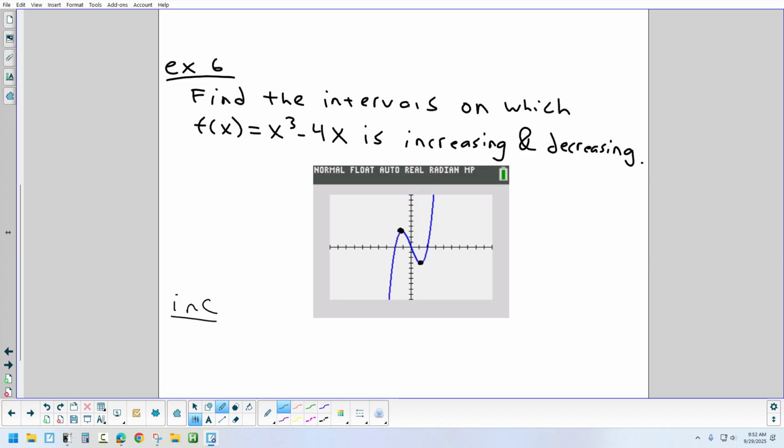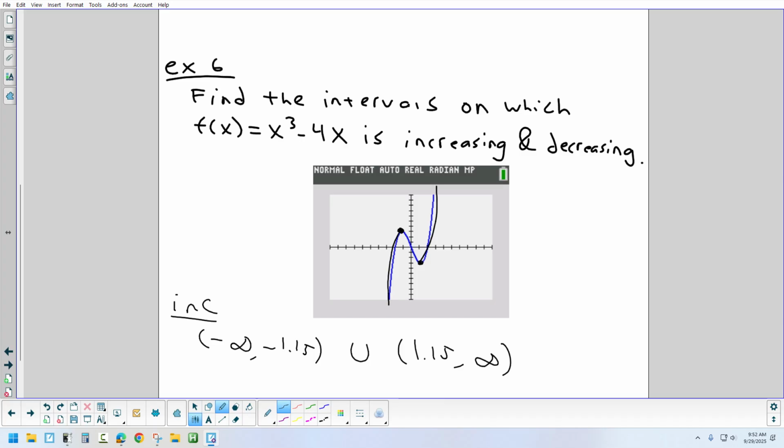That doesn't always work that way. But we're increasing from negative infinity up to negative 1.15. Or we're also increasing again from 1.15 to infinity. That's how you describe the intervals where you're increasing.